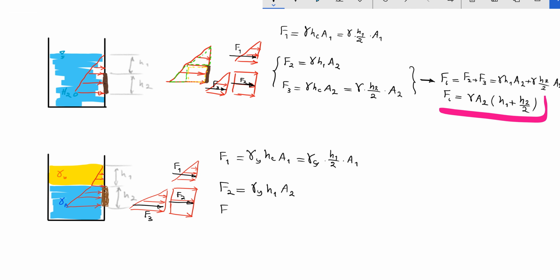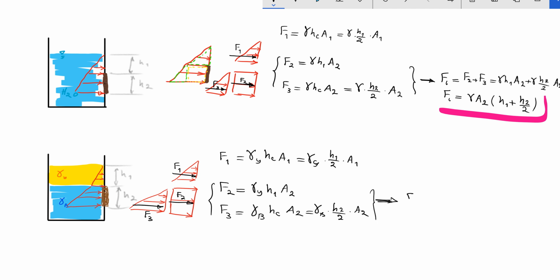F3 is going to be gamma of blue HC area number 2. Okay. So gamma of blue, HC is going to be H2 divided by 2 times area 2.